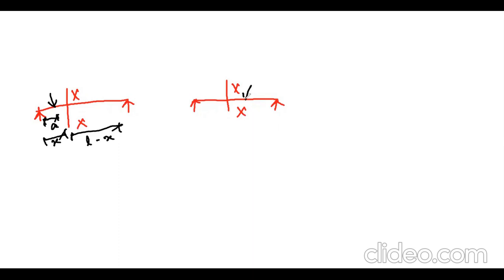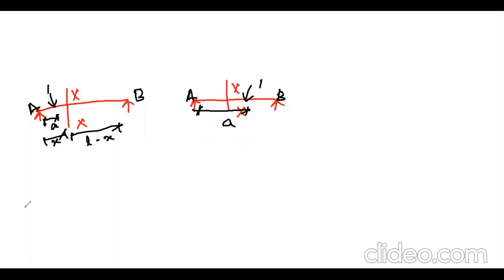In the second case, I will be placing this unit load in the portion XB at the distance a from the support A. In the first case I place the unit load in the portion AX, but in the second case I place the same unit load in the portion XB. First you should be clear about these things. This is the first condition you should keep in mind when you find the shear force and bending moment influence line diagram.